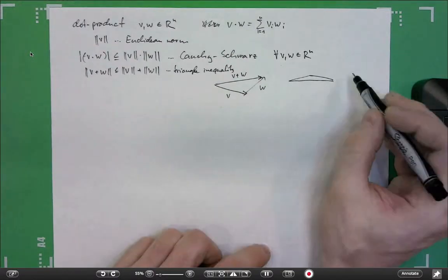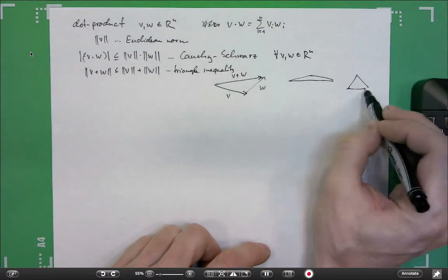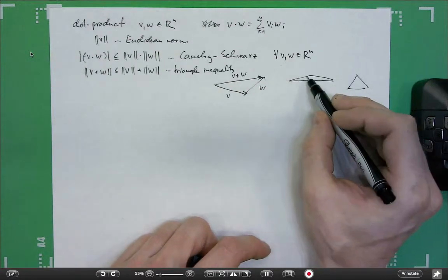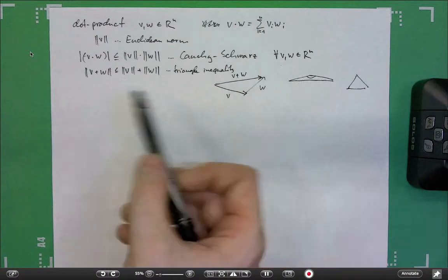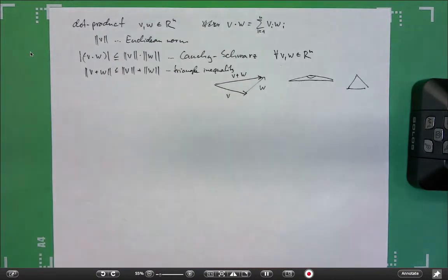You want some well behaved triangles, not these degenerate cases when the angle here is almost 180 degrees. Nevertheless, these inequalities are something you can rely on, regardless of the quality of your triangles. That's just something that's always true. That's why it's important.